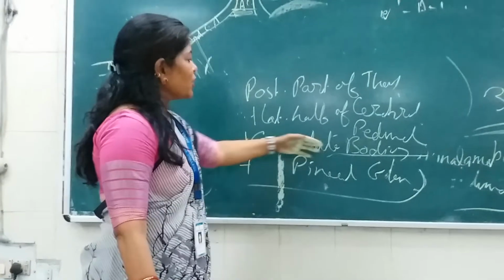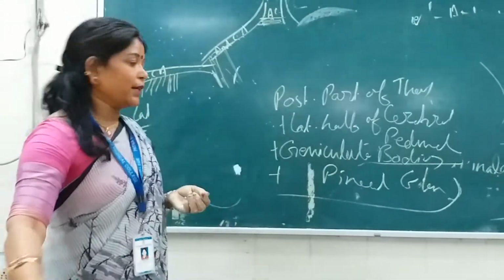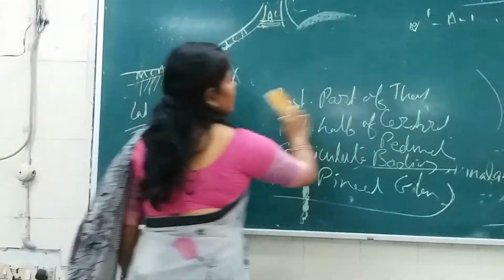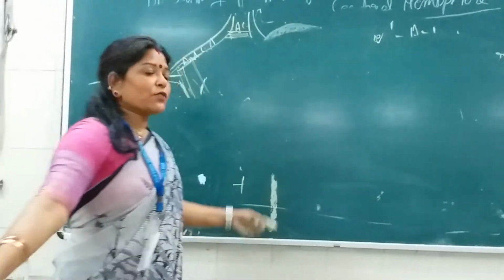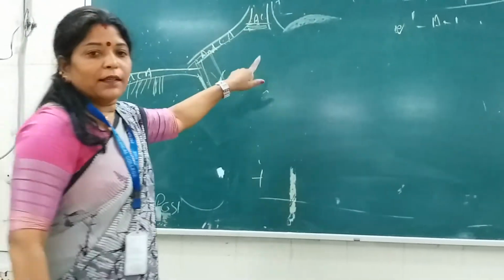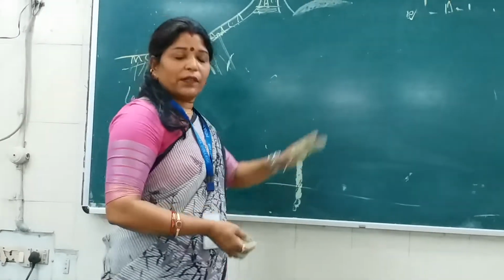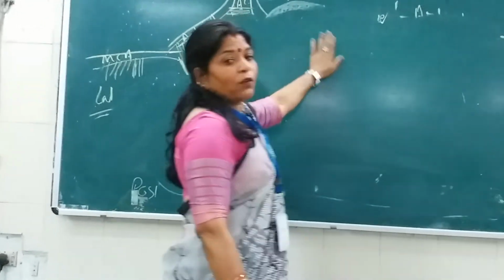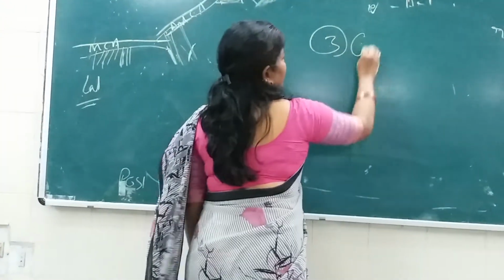Geniculate bodies will be supplied there, as well as the pineal gland which is situated posteriorly. Now, these were the central branches of the circle of Willis and the areas which are being supplied by them. Now, choroidal branches. The third variety is the choroidal.